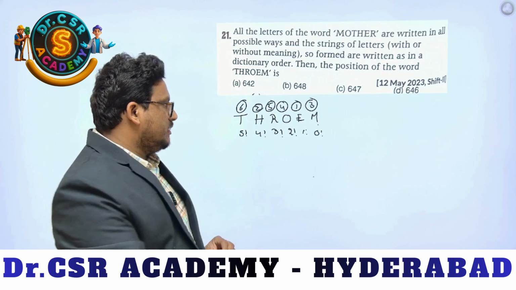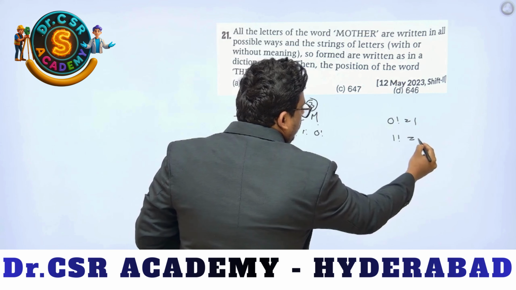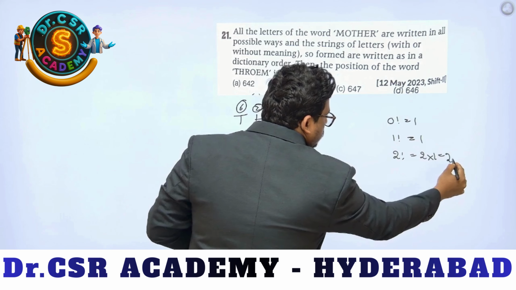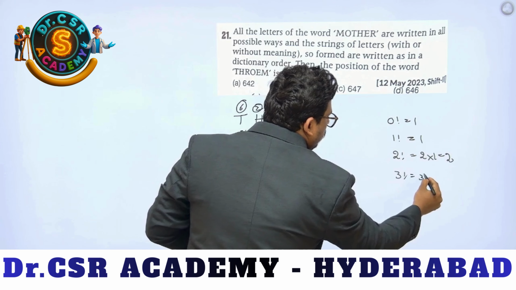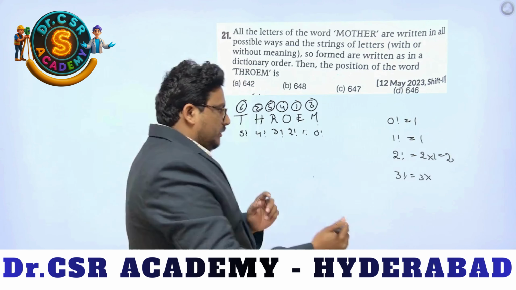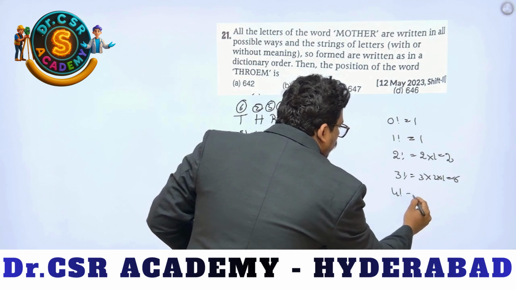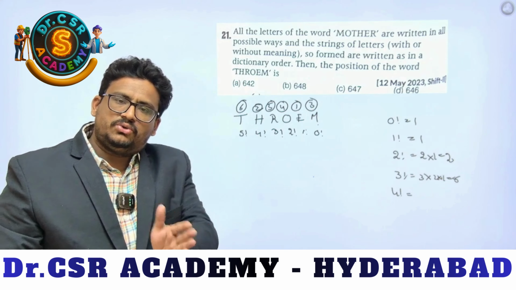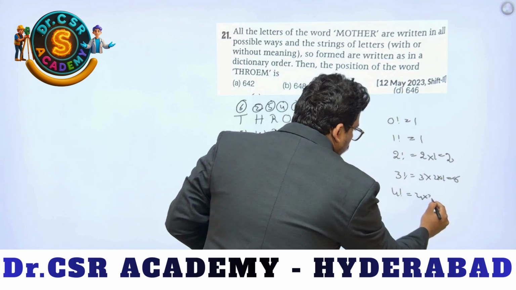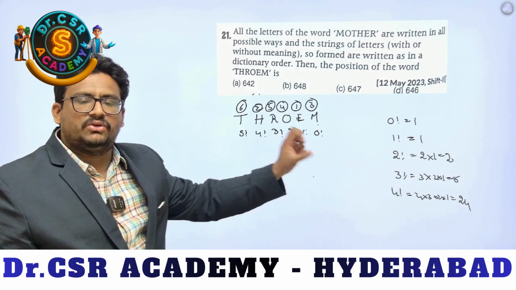For example, 0 factorial is 1, 1 factorial is 1, 2 factorial is 2 into 1, that is 2. 3 factorial means 3 into 2 into 1. For example, 4 factorial is 4 into 3 into 2 into 1. So the total multiplied is 24. Those are the factorial values.